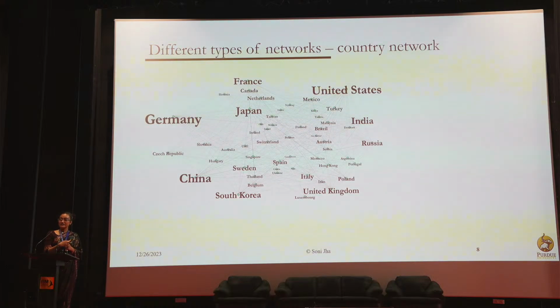This is an example from my own research where I work on foreign direct investments. And in this network, you have different countries that are connected to each other if they have invested in each other. And what is interesting is that this is a weighted network, which means that if there is a country that shows up in a really big font, it means that it has a lot of connections. Like these are the popular countries.